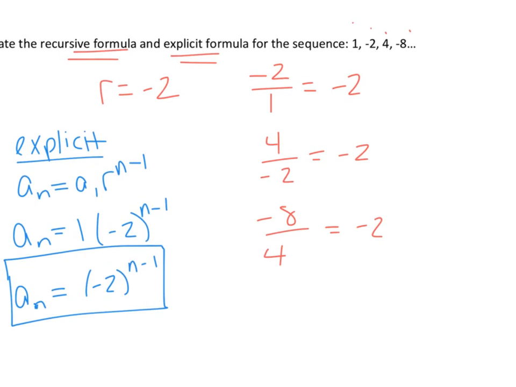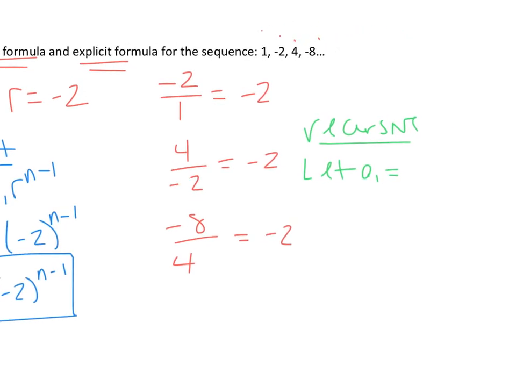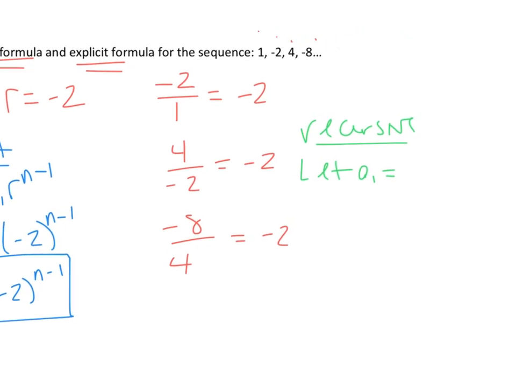For the recursive formula, remember you need two parts. The first part is the let statement of what a1 is. You don't have to state a1, you could do a2, a3, it doesn't really matter. I always use a1, so we've got to state that. And then you also have to fill in the formula, a n equals r times a n minus 1.